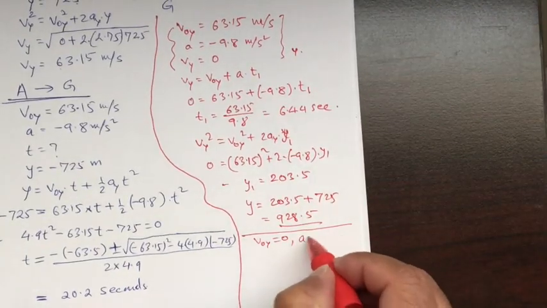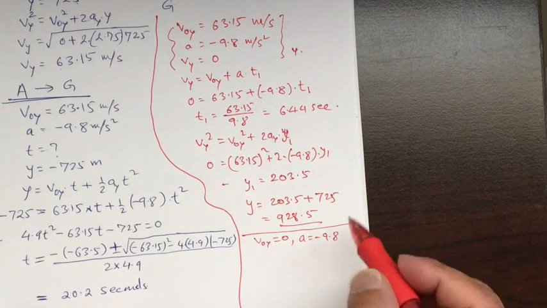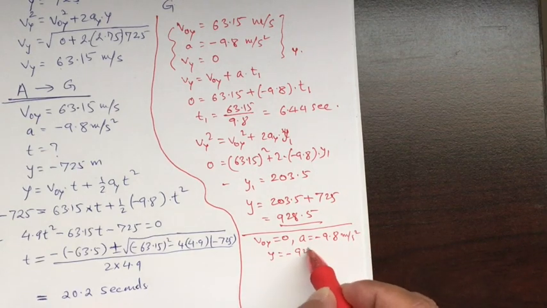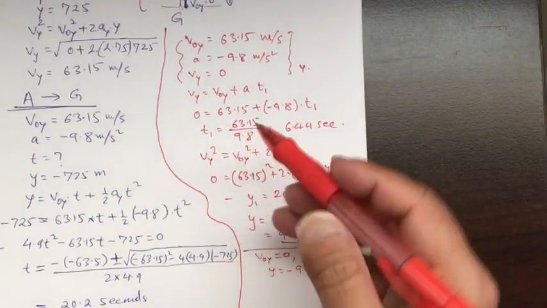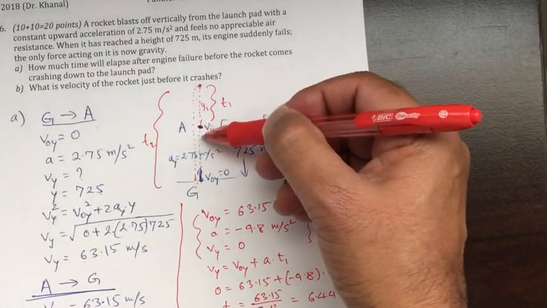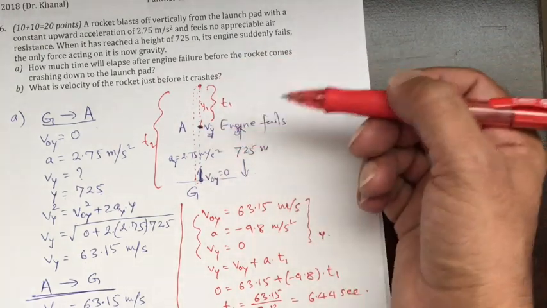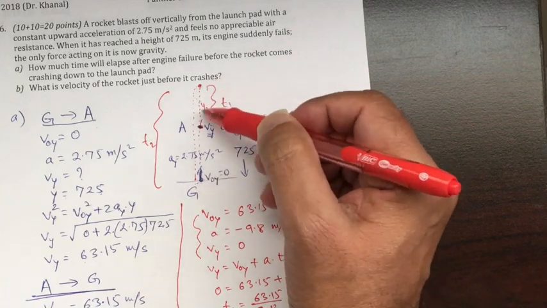Your acceleration a is negative 9.8 meters per second square, and your y is negative 928.5. By the way, you can take downward as positive, in which case acceleration will be positive and displacement is positive, but it doesn't matter since you are doing down negative everywhere. So when you take this as origin, your displacement will be negative, as well as acceleration.